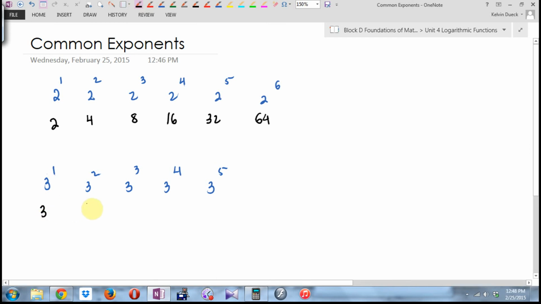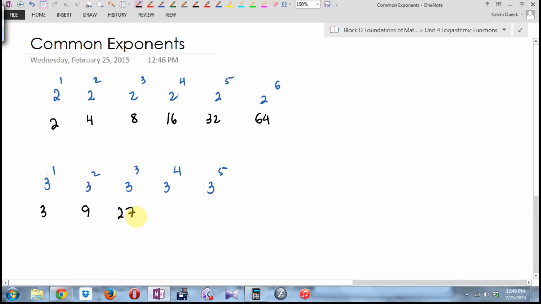What's 3 squared? 3 times 3 is 9. I'm glad you did, because that's by far the most common mistake, and I see it all the time. I see 3 squared, 6. Don't do that. It's 9. 3 cubed. 3 times 3 times 3, or 9 times 3. 27.